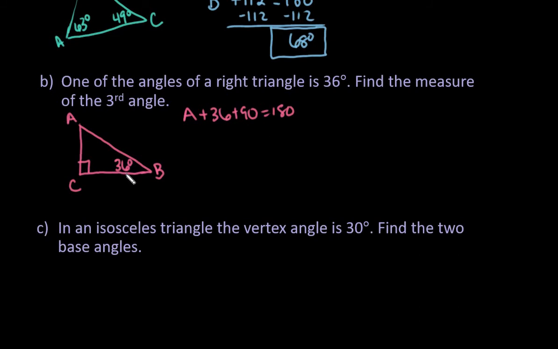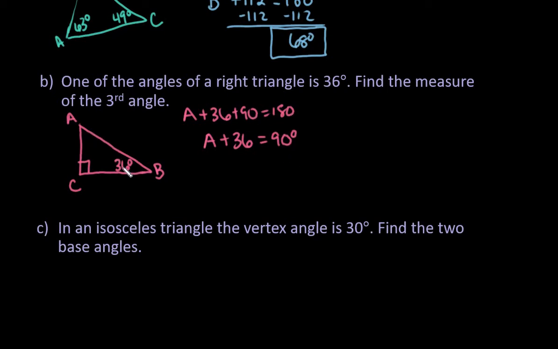Or if you want to, whenever you're dealing with a right triangle, these two angles here are always going to be complementary. So I could just do a shortcut and say that A plus 36 equals 90 degrees. And the reason for that is 180 minus 90 is just going to give me 90.